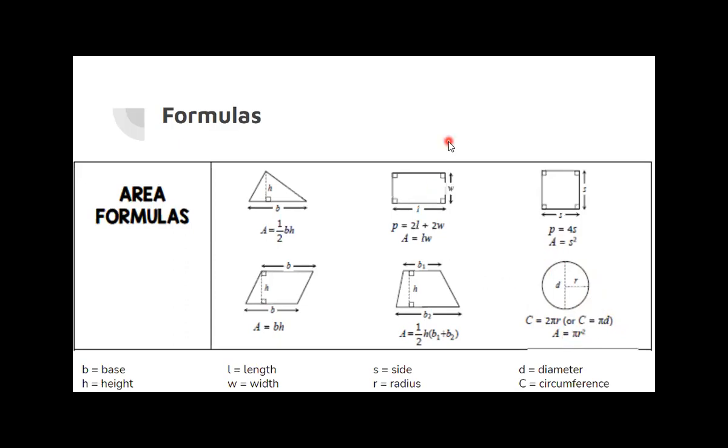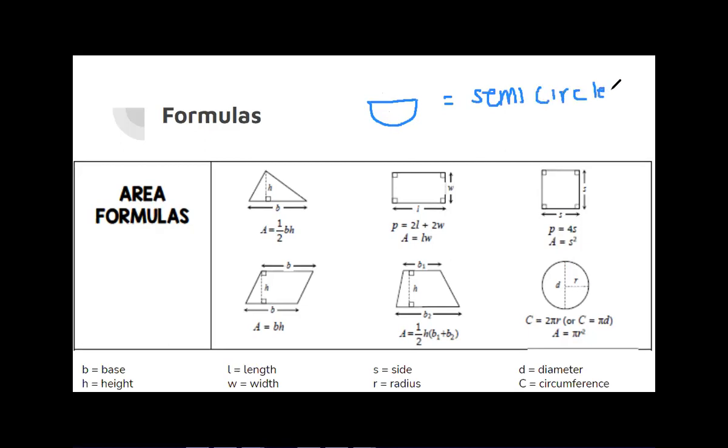The one thing that's not on here is a semicircle. I'm going to go ahead and draw this real quick. A semicircle is just half of a regular circle. So the area formula for this is still going to be pi r squared, but since it's half, we have to divide it by 2.